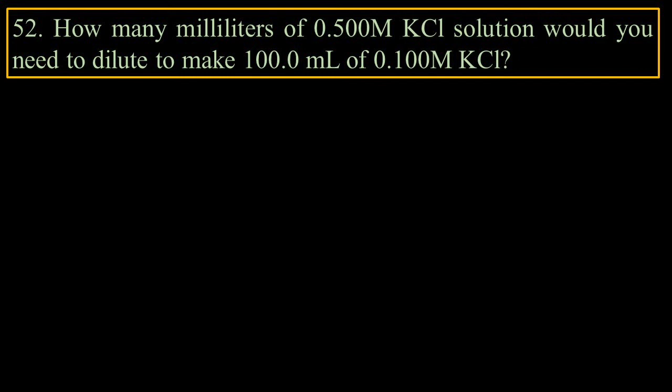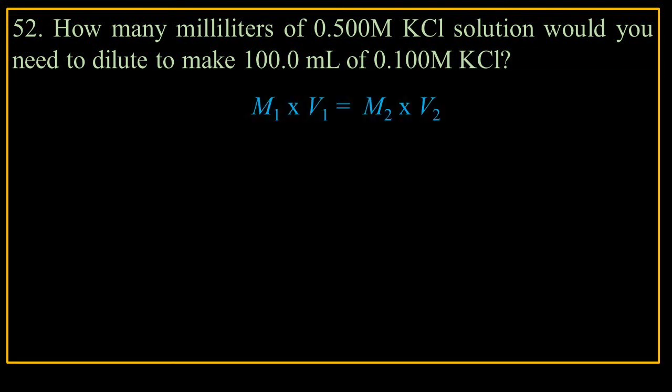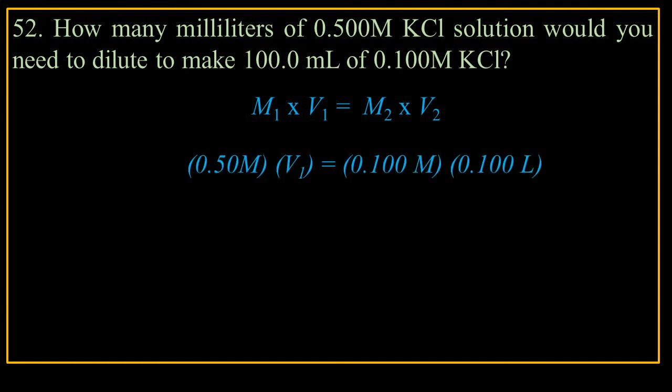Okay, how many milliliters of 0.5 molar potassium chloride solution would you need to dilute to make 100 milliliters of 0.100 molar potassium chloride? So the dilution equation is going to be M1 times V1 equals M2 V2, and so you're going to have 0.5 V1 equals 0.1 molar times 0.1 liter.